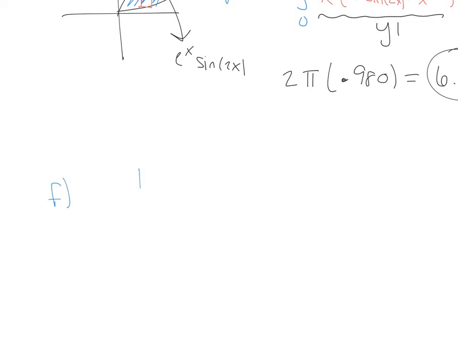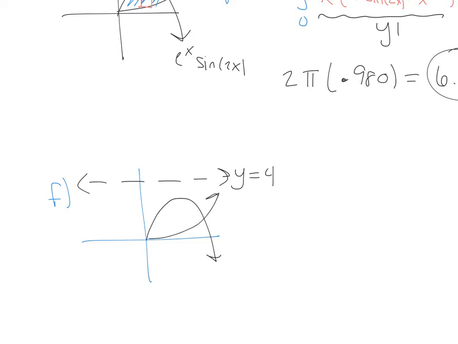Part F asks you to rotate around the line y equals 4, so that's up here. My region looks like this again. Alright, because it's a horizontal rotation, I am going to use the washer method. So v equals pi from 0 to 1.328.